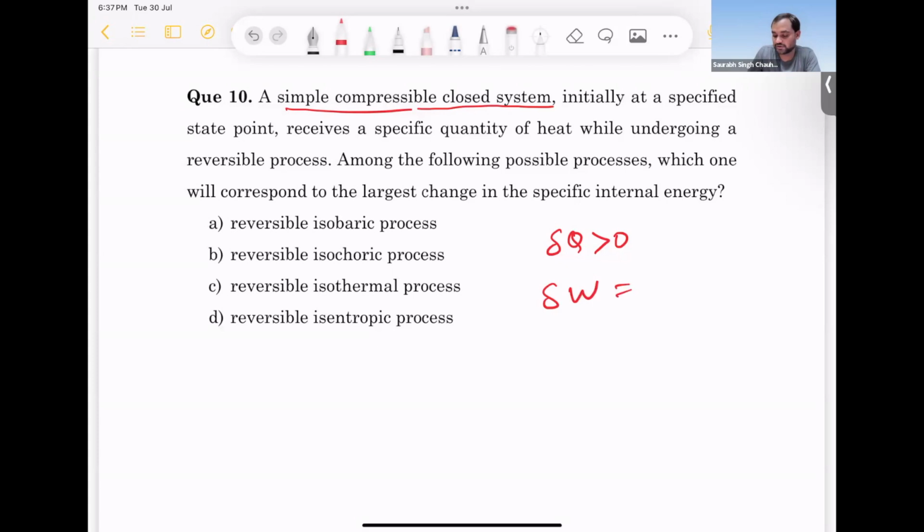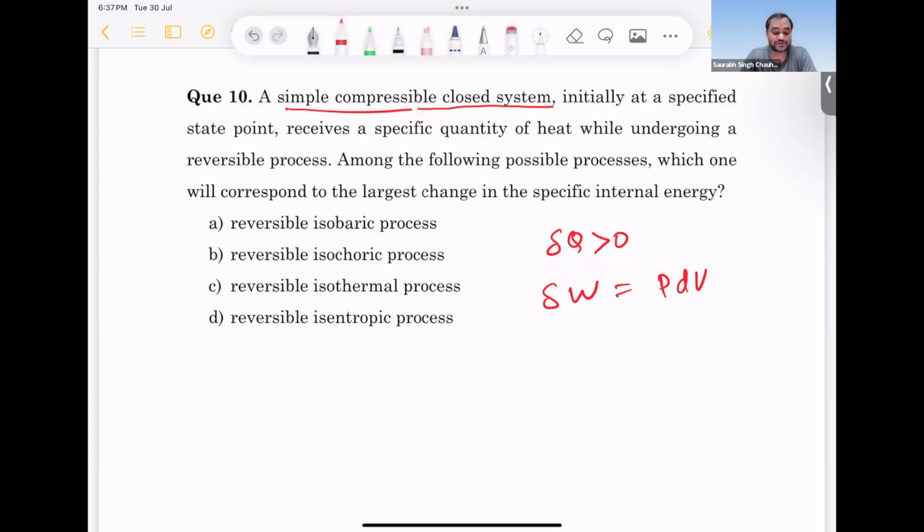For reversible, simple compressible systems, you can write del W is equal to PdV. So this is the information that is given in the question.